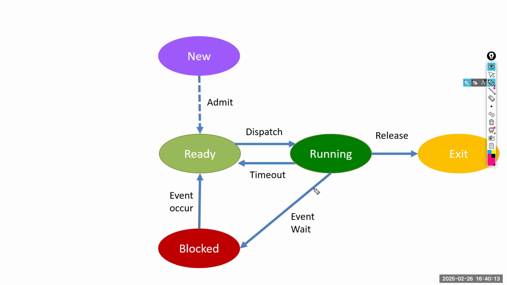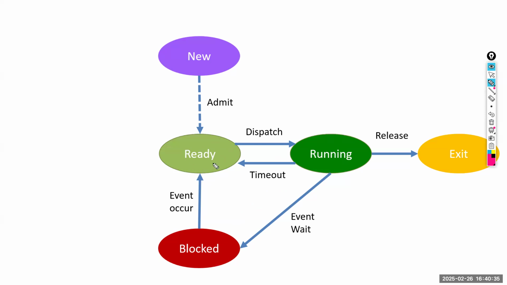Remember, you come to the block state from the running state, but it will never ever go directly to the running state. That is not the way the operating system works. When that event happens, you are getting back to the waiting bench, the ready state. Only when you get a time slot will your process be put into running.